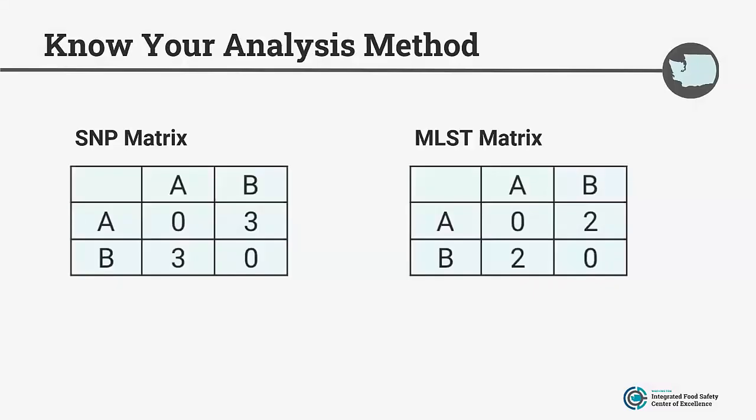So it's important when you're looking at distance matrices to know the analysis method that's being used. These are both from our pattern on the previous slide, and you can see that you get a different answer whether you're using SNP or MLST. So it's important to understand what you're looking at.